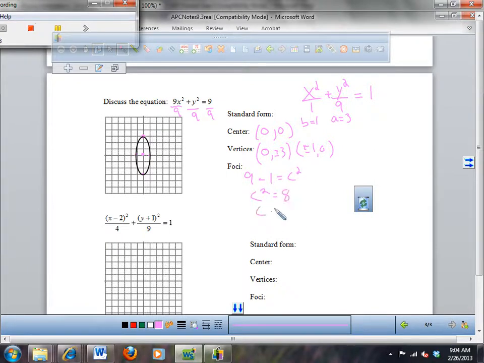So c is equal to plus or minus the square root of 8, which can be written as 2 root 2, which is about 2.8, because I know that root of 2 is 1.414. So somewhere about here. Very close, right? Because this is kind of a stretchy ellipse. So those foci are going to be 0, comma, plus or minus 2 root 2.